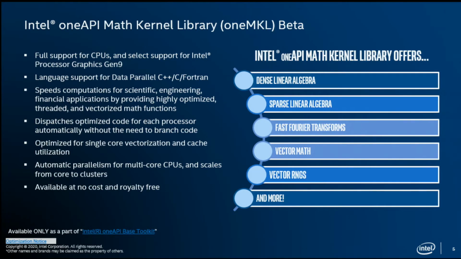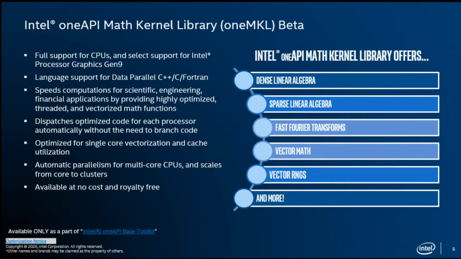In addition to the C and Fortran support on CPUs, the oneAPI Math Kernel Library includes support for Intel Processor Graphics Gen 9 on a select set of domains and functionality, and does that via Data Parallel C++ language support.